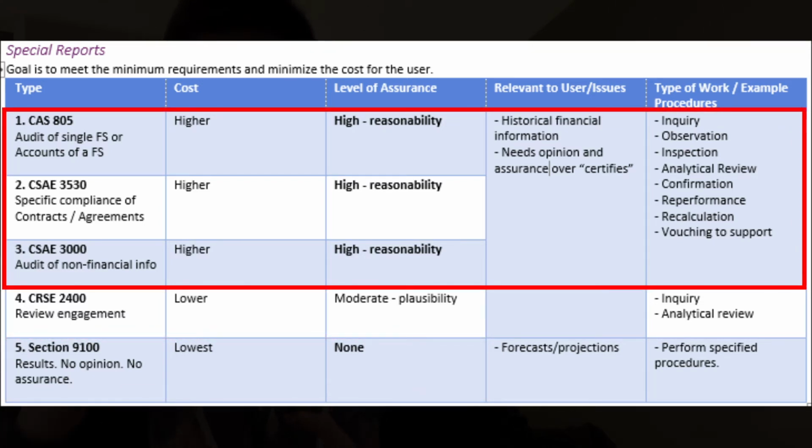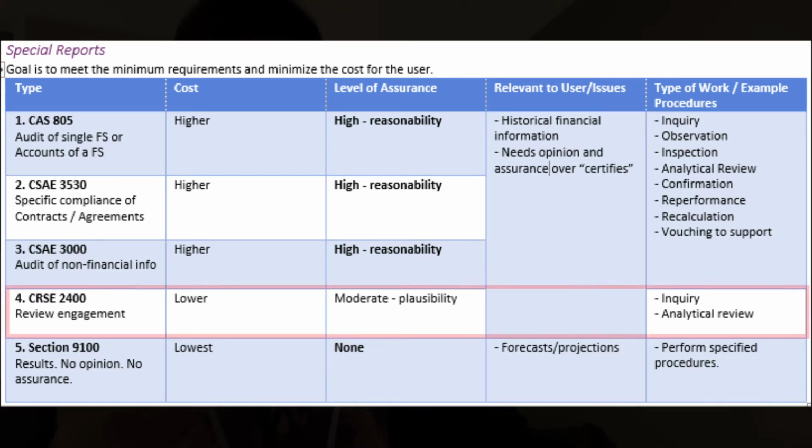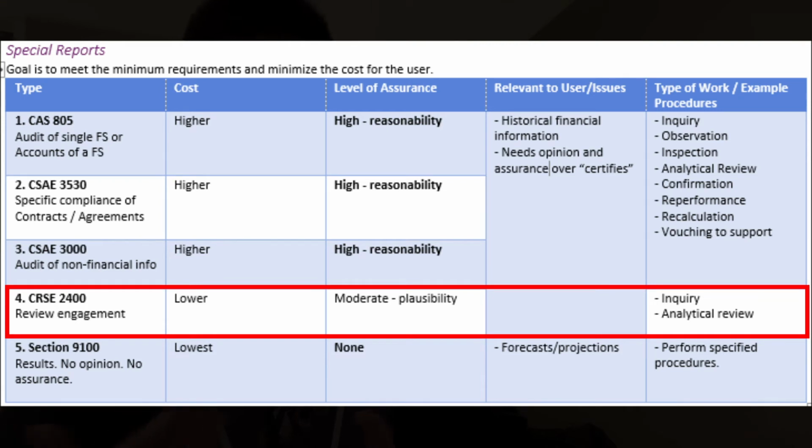The first 3 types of report offer the highest or high level of assurance where information is audited and needs to be reasonable. CSRE 2400 aims for plausibility, involves inquiry and analytical review, which is comparisons to prior periods to look for any unusual trends.